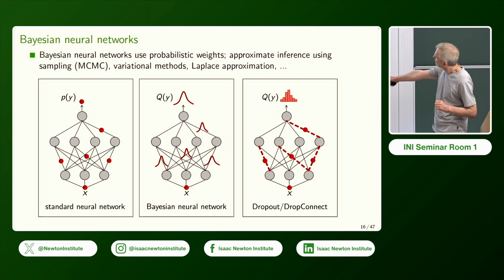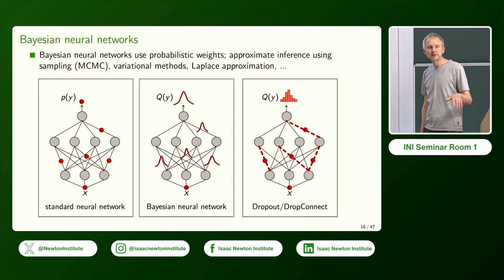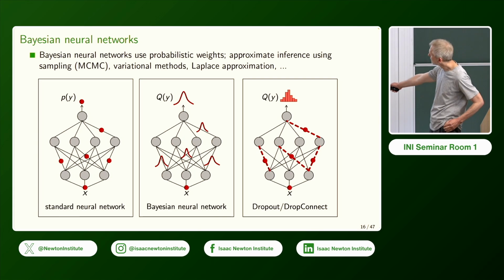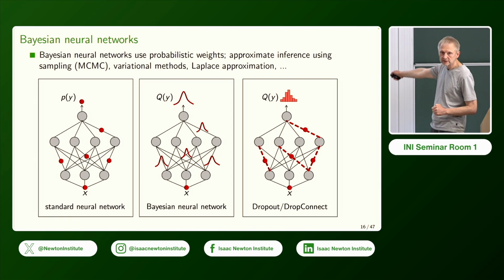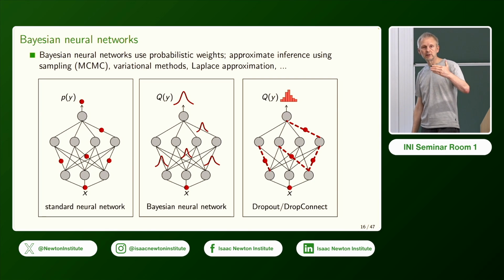So what people recently have been working on, also something we heard already in previous talks, is Bayesian neural networks, where instead of having numerical weights, which you typically have in a neural network, and then a numerical output, you now put distributions on the edges as weights, so to say, probabilistic weights, and you get a distribution as an output in the end.